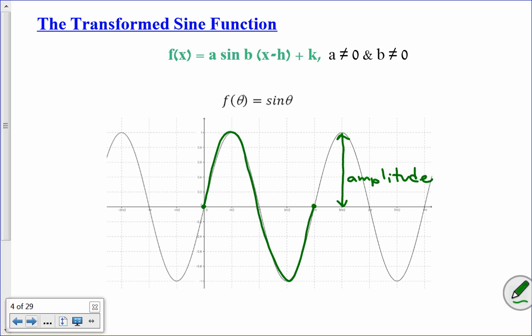And how do we find the amplitude? How do we find this measure? If, let's say, we have the maximum here and the minimum here. Okay, this is our max here. This is our min. So if I have 1 and negative 1, how can I find my amplitude? What do we do with them? We add them or we subtract them, or what calculation can you do with the 1 and the negative 1 to find your amplitude?